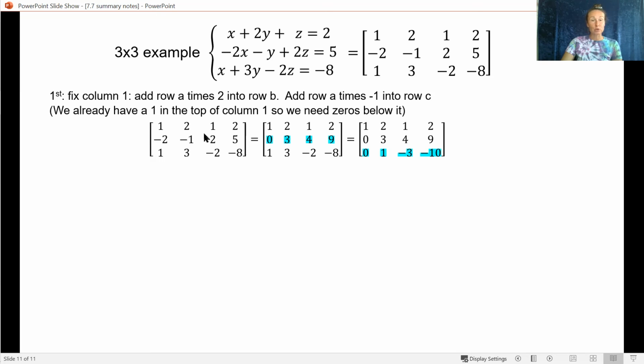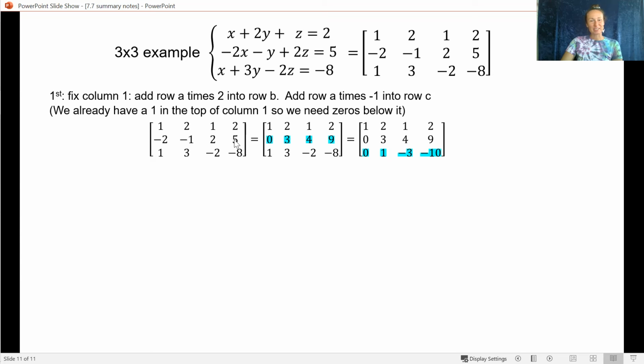I'm calling them rows A, B, and C. So we're going to multiply row A by 2 and add it to row B. But remember, we're not actually changing row A. So 1 times 2 plus -2 is 0. 2 times 2 is 4 plus -1 is 3. 1 times 2 plus 2 is 4.